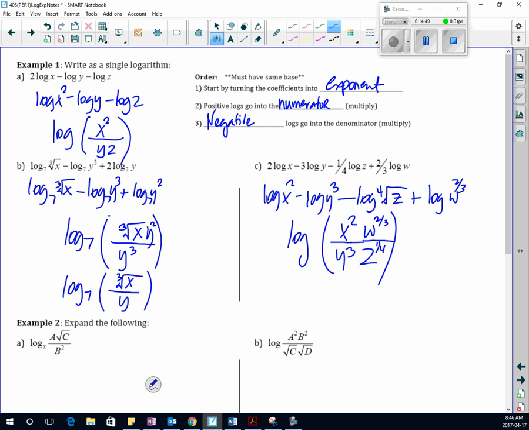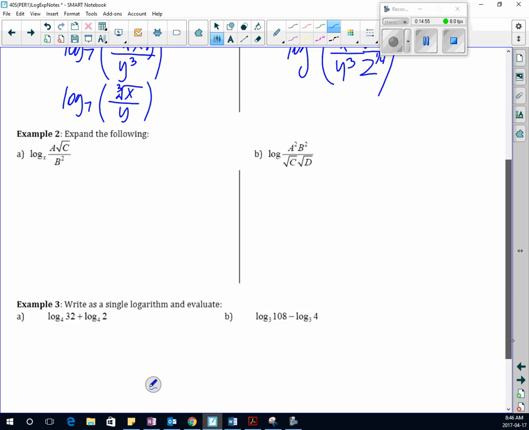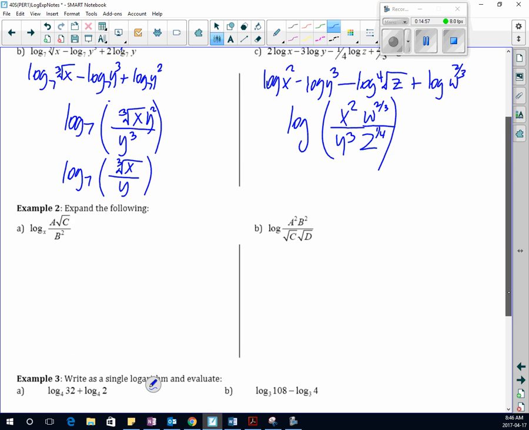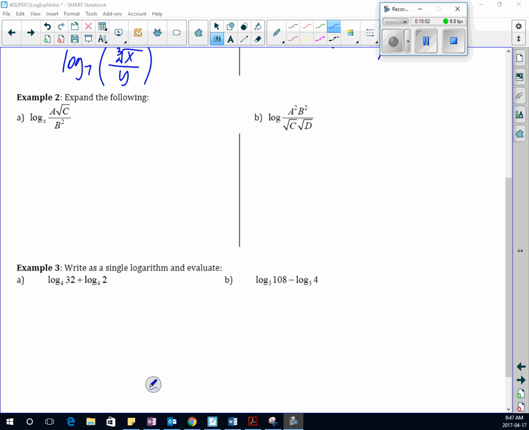Okay, is everybody good? Questions? Okay, continue. Now we're going to expand these, so anything that's on a numerator would then be positive, yes. So this would be A, positive, yes.